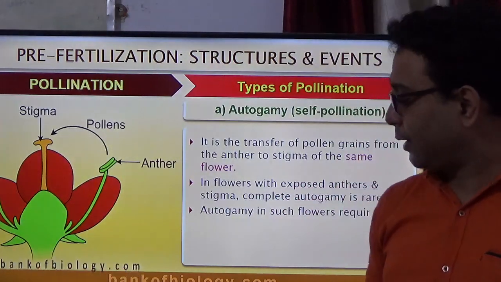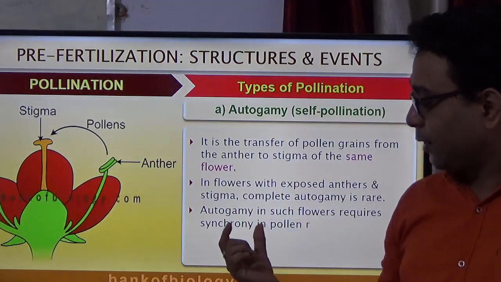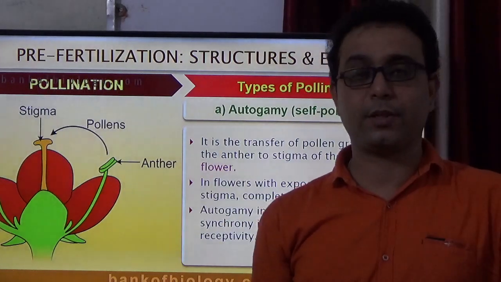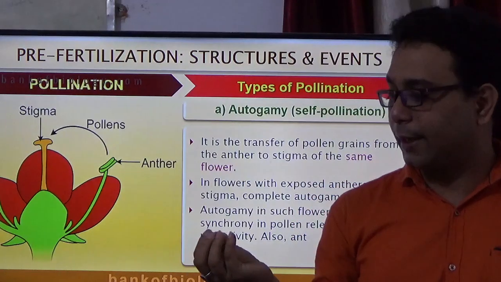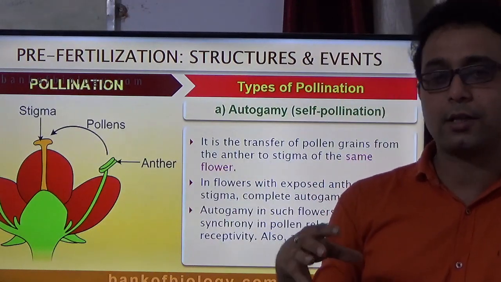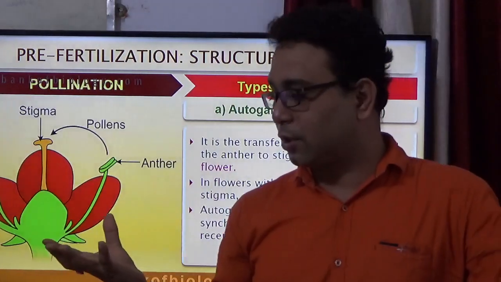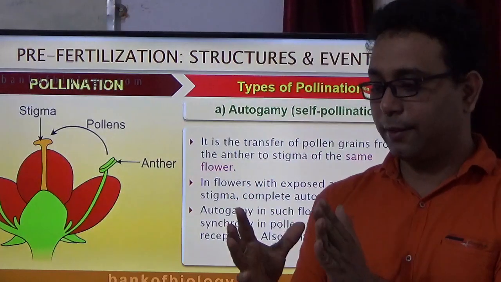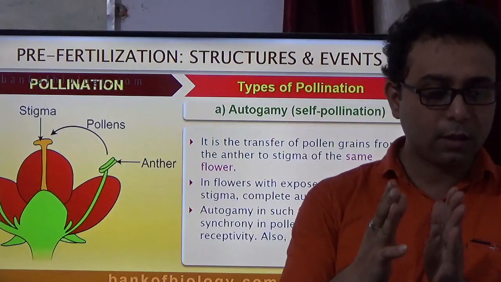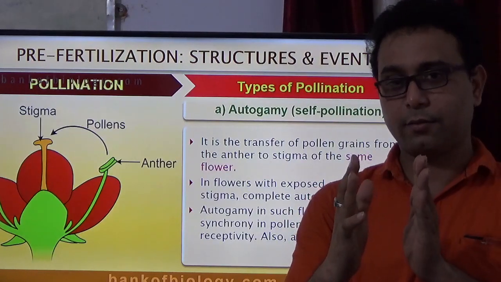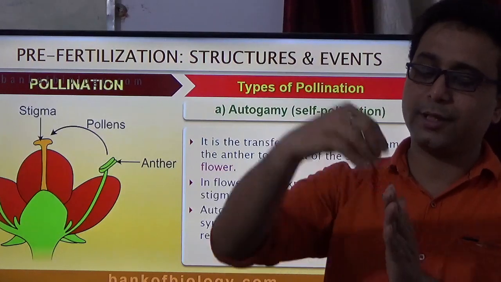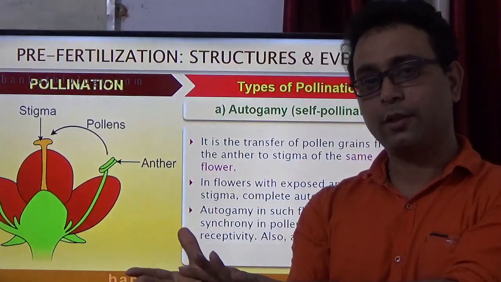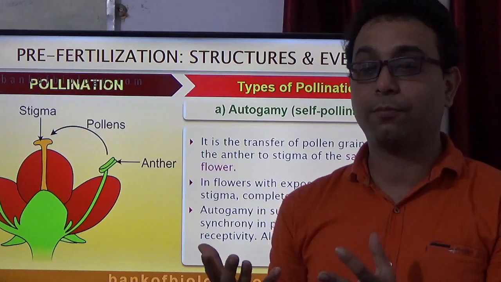Such flowers require synchrony between pollen release and stigma receptivity. That means the anther and the ovary structures mature at the same time. Otherwise, pollen grains are released but the stigma is not developed, so pollen grains fall on it but do not produce pollen tubes.